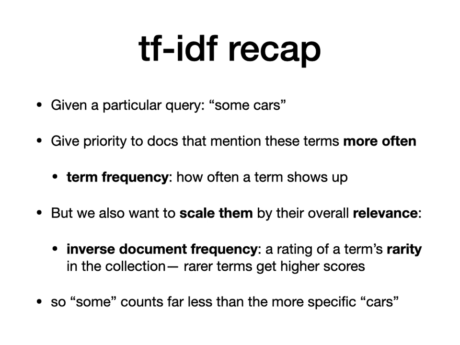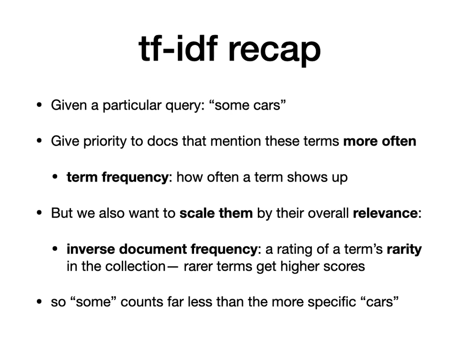So to go over that again, the reminder from last time, how about the query some cars? What we're going to do when we're doing just basic TF-IDF overlap is we're going to say, I want to give priority to documents that mention those terms more often, so the term frequency, how often do those terms show up in that document, but then we're going to scale them based on their relevance within this entire system, in the collection, the inverse document frequency.